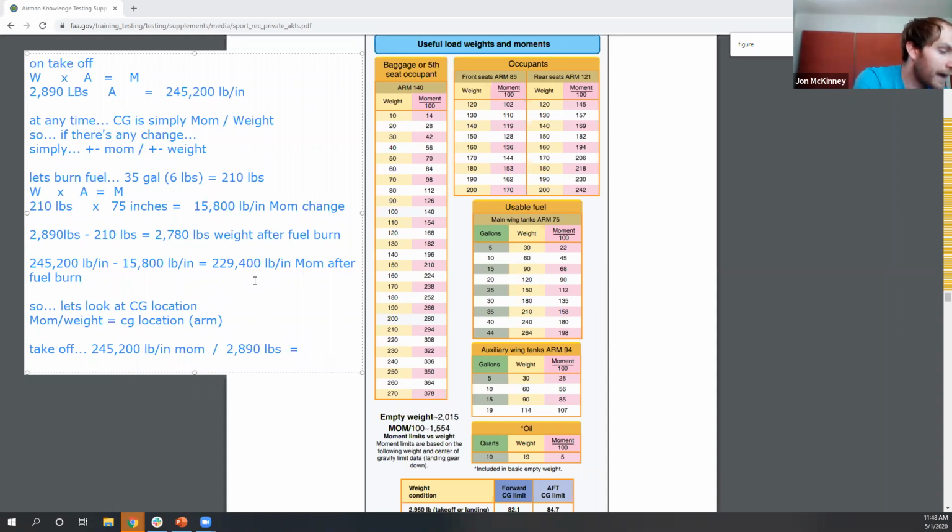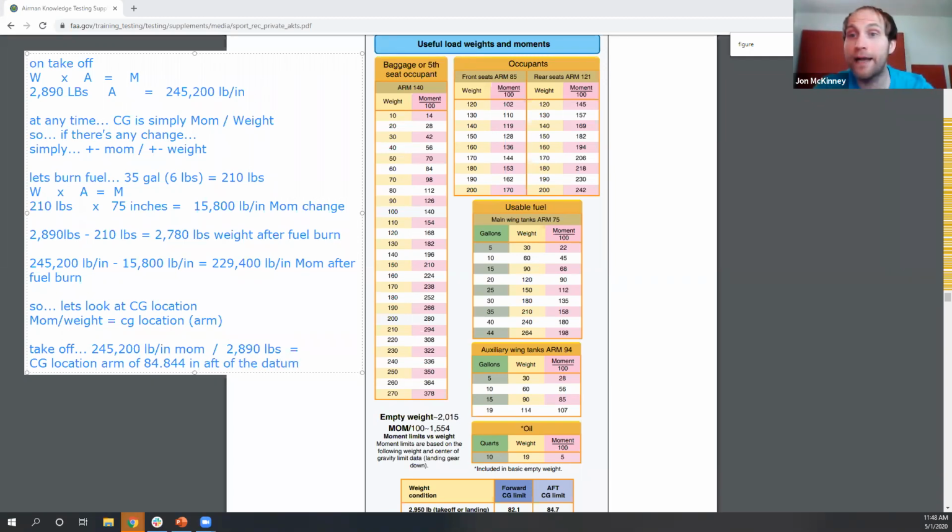Just type them into the calculator. 245,200 divide sign 2,890. So I get a center of gravity location, a CG location arm of 84.844 inches aft of the datum.